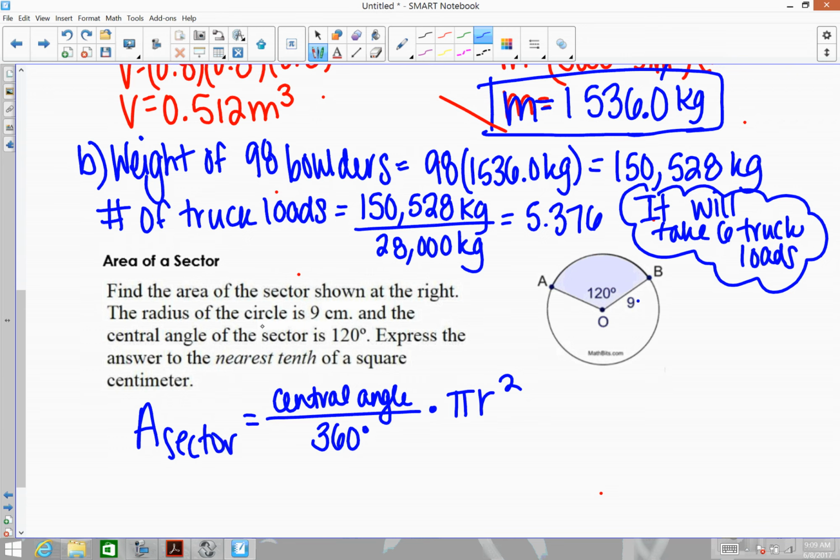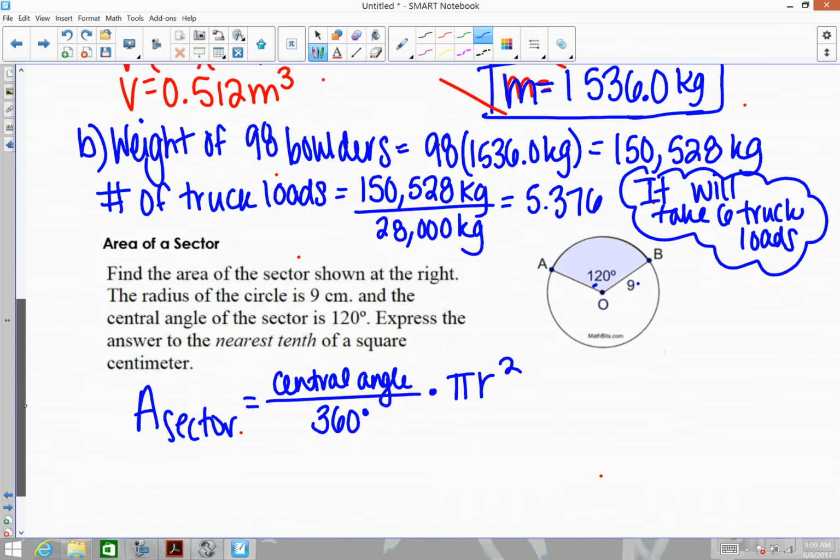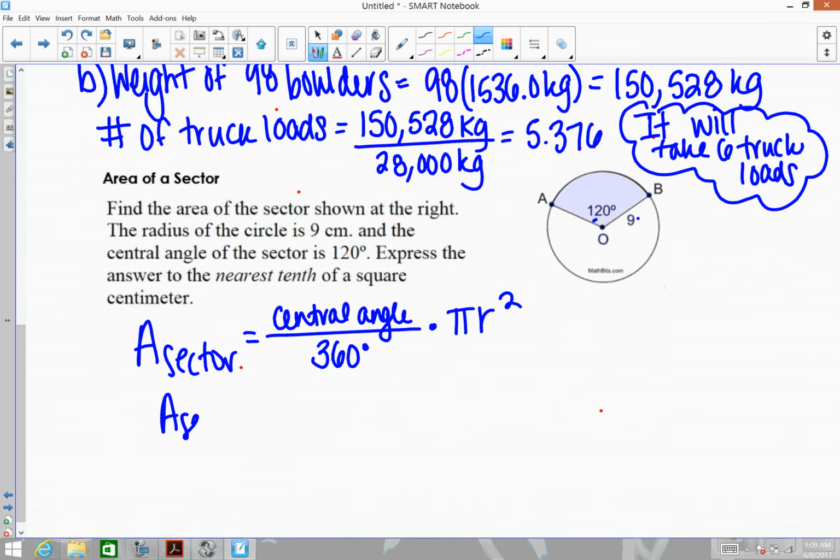If you look, the radius of the circle is 9, the central angle is 120. Find the area of the shaded section. This one's really straightforward. It's just plugging into the formula, but you have to know this formula. So the area of a sector is 120 degrees divided by 360. Again, that should always be in the same terms, so if it's in degrees, then it should be in degrees down here.